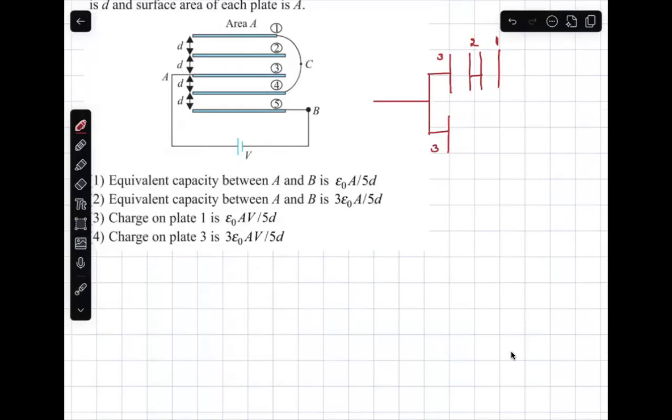And on the lower side, 3 is facing 4. Now, 3 is facing 4 undoubtedly. And the entire thing is plate 4. 4 is facing what? 5. And 5 is connected to the negative terminal.